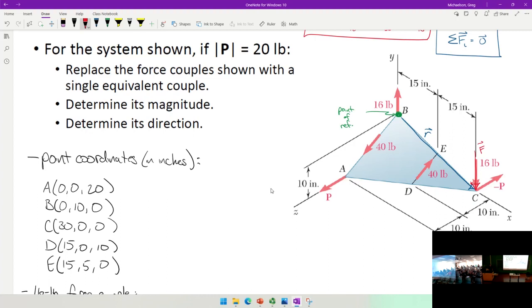So, in this case, what is F? If I needed to define this F vector, what direction does it point? What axis? The y-axis, is it positive or negative? Negative. So this F vector can be represented by negative 16j, right? And as for the R vector, I take the coordinates of C minus the coordinates of B. There's my R vector.